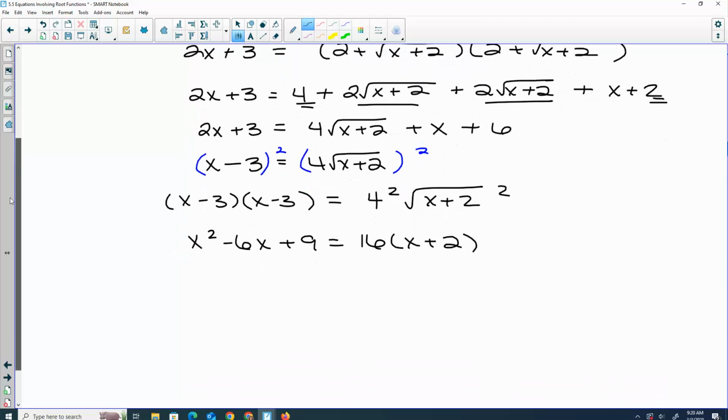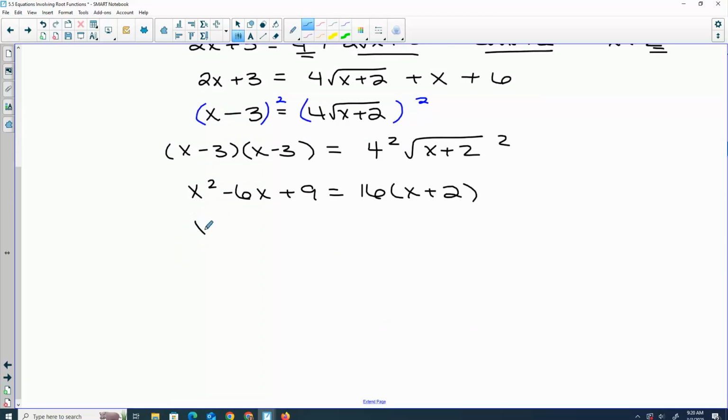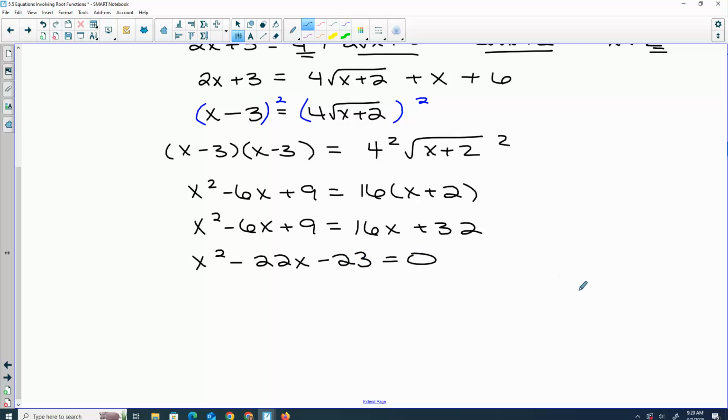Now we have finally gotten to an easier equation to solve. If we distribute, that's 16x plus 32. Subtract over my 16x. Subtract my 32. How would this factor?